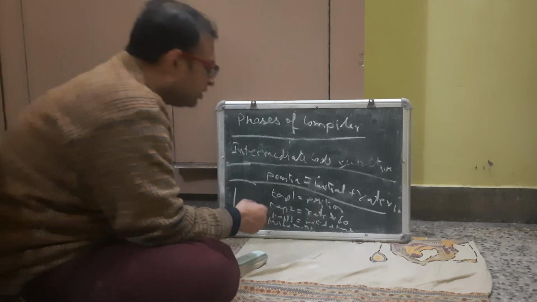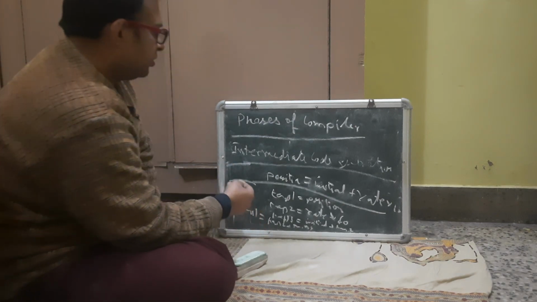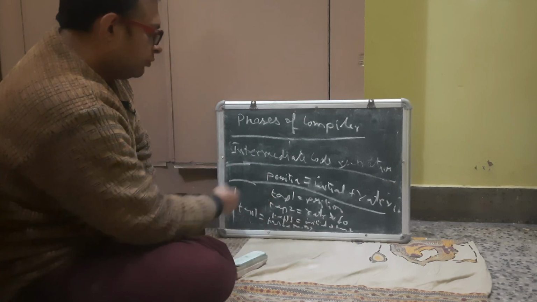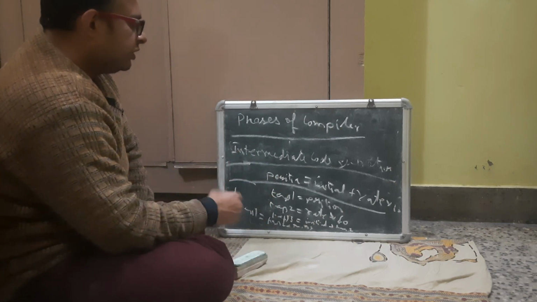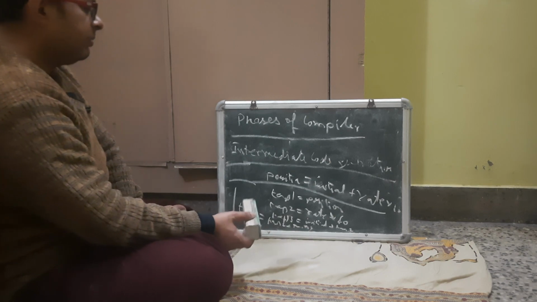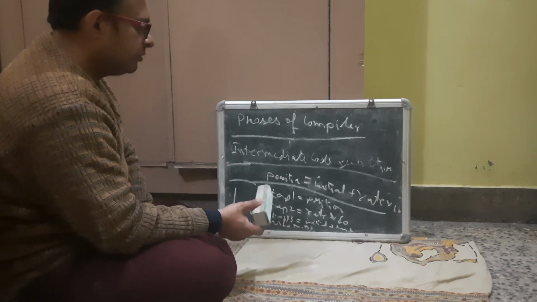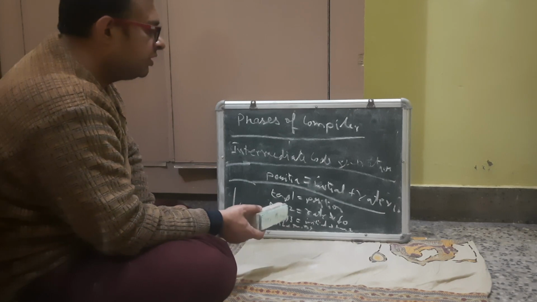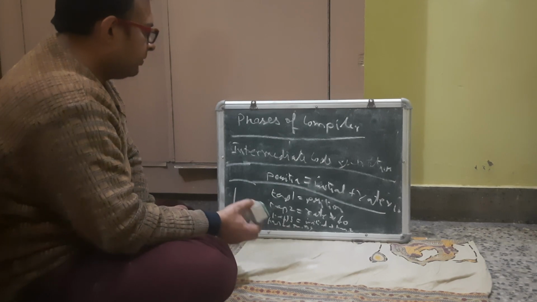So this is the intermediate code generation. In the 3-address code, you can see at most 3 references are being used. It is an intermediate code, and it is independent of any programming language. Intermediate code generation does not depend on any programming language. It means it is not a machine dependent phase, it is machine independent.